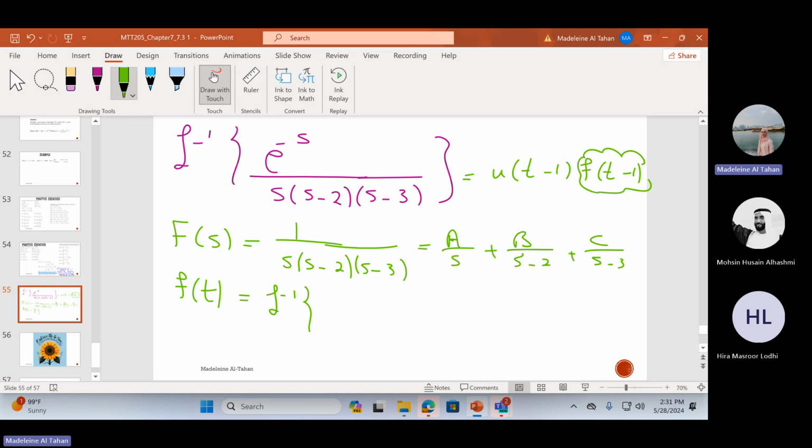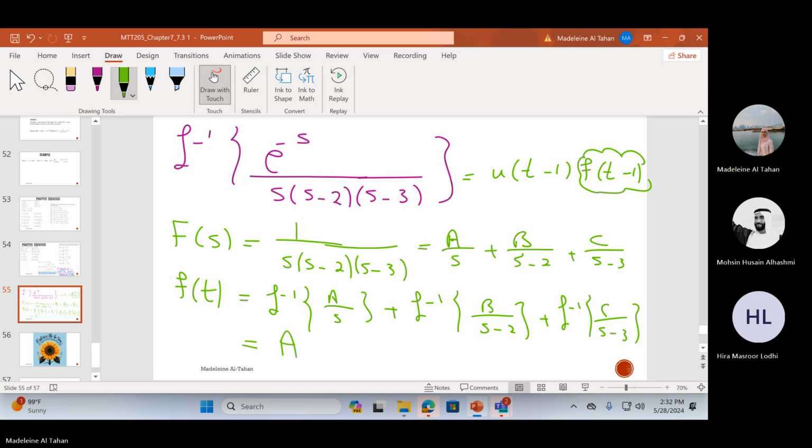So it's Laplace inverse of A over s plus Laplace inverse of the other terms. Do we know the Laplace inverse of each of them? What's the Laplace inverse of the first? A. Of the second? And the third? When we substitute them, instead of each t, what should we put? t minus 1. Okay. And how do we find A, B, C? It's partial fraction.